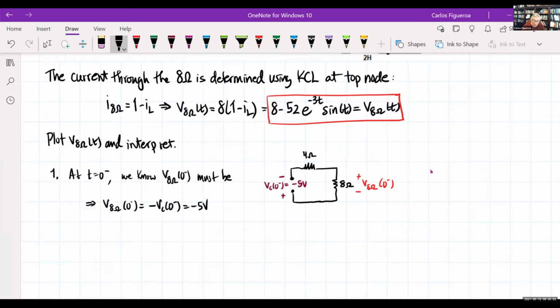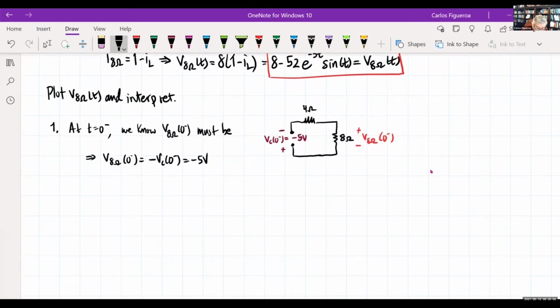So now, because this is a resistor, we expect a discontinuity.